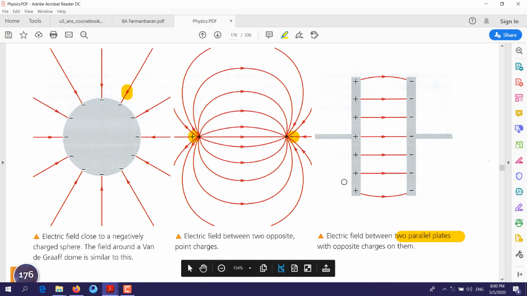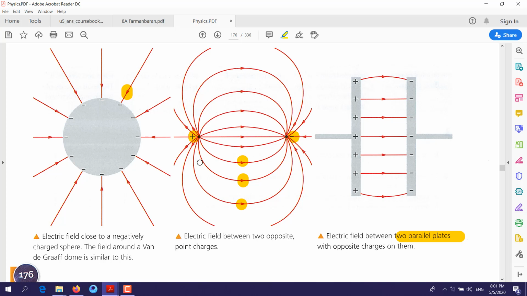The charges here are positive and negative, but you need to focus on the direction of arrows. You will see that the direction of the electric field always starts from positive to negative.